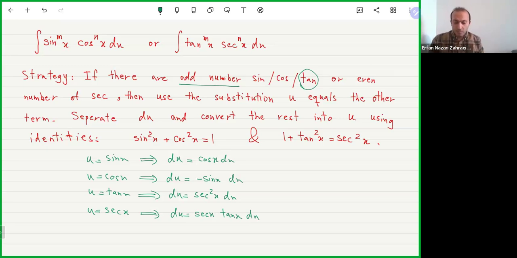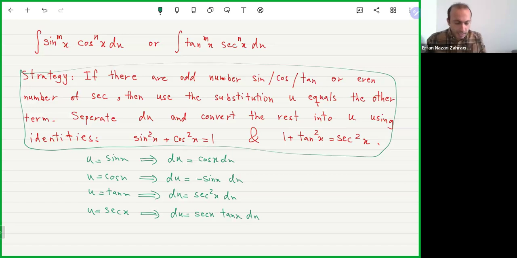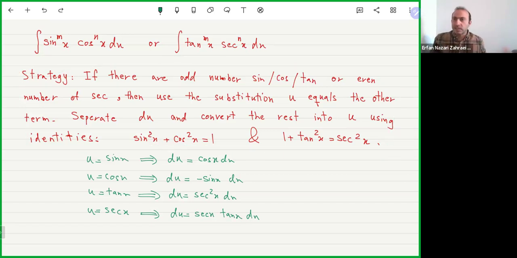Because if I have odd number of tangent, I can separate one of them as this, and the rest of them, which is even number of tangent, I can convert to u, which is secant, using this formula. That's the idea. So whatever you prefer, you can just memorize this strategy and use it without understanding the reasoning behind it, or you can understand where this strategy came from and just check it every time that you want to use it.